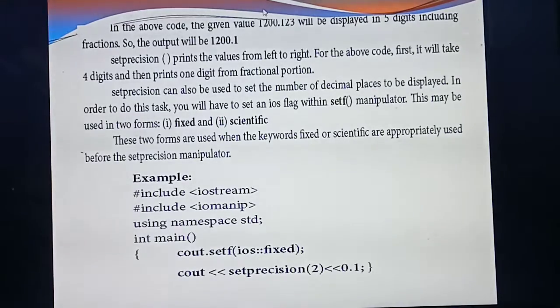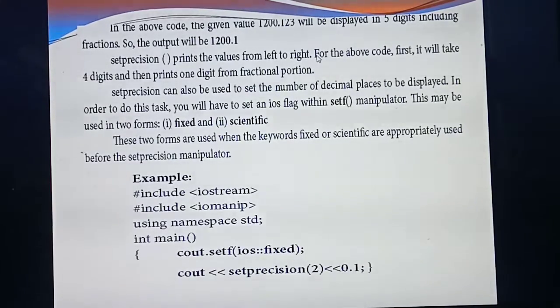It will always print the numbers from left side to right side. Before the decimal point, how many digits are there? 4 digits, isn't it? But you are setting setprecision 5, so it will take 1 digit from the decimal part after the point. It will take that and display the output.